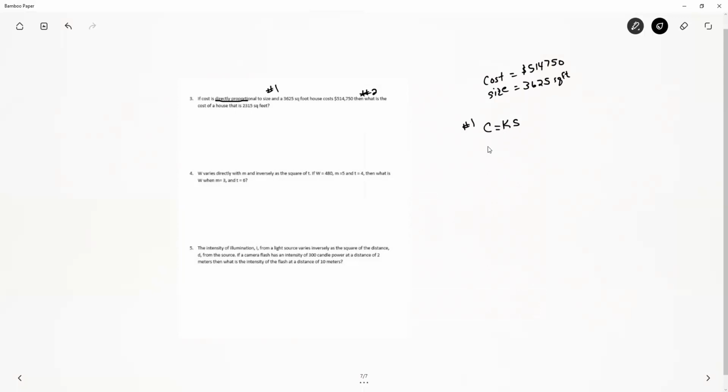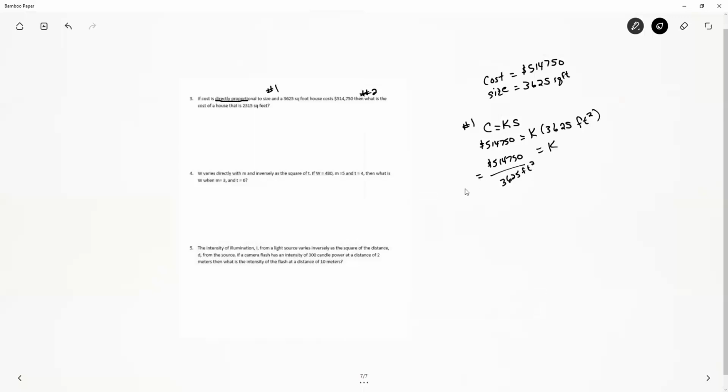First part, let's solve for K. So we have $514,750 is equal to K times the size of the house, or 3,625 square feet. To solve for K, since we're multiplying by K here, we're going to divide. So I have 514,750 divided by 3,625 square feet.